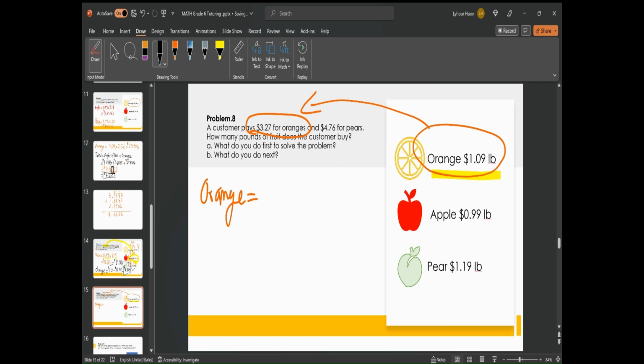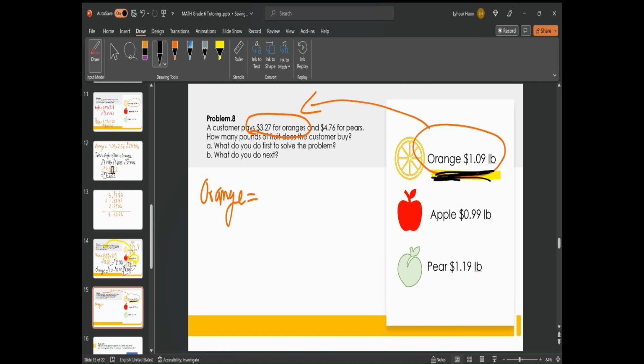This is just coincidental, because it costs $1 per pound. Even if we multiply or divide, the result will be the same.